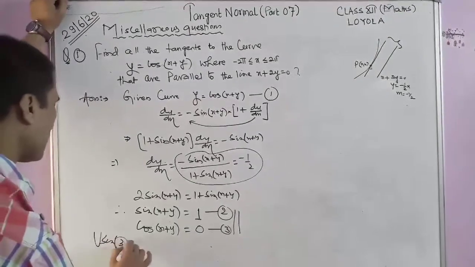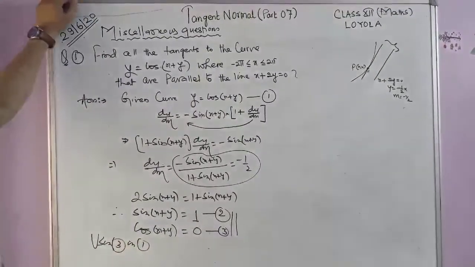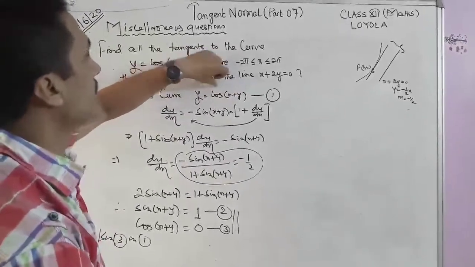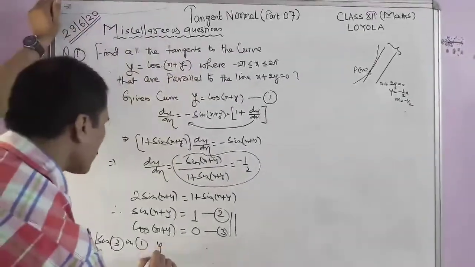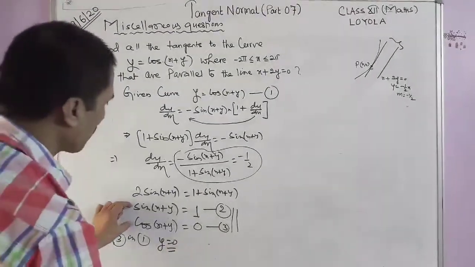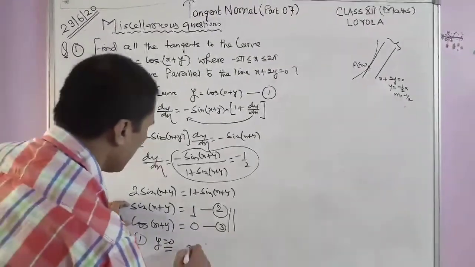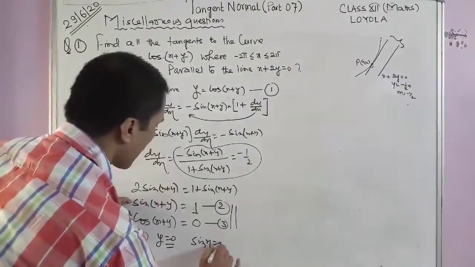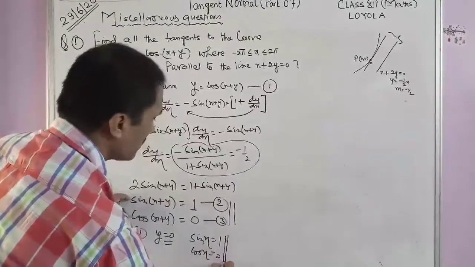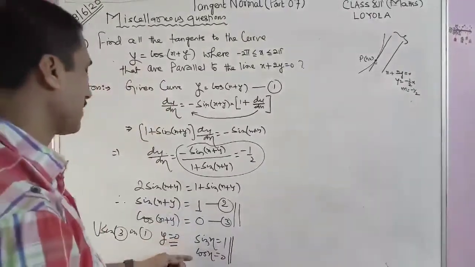Using 3 in 1, we put cos of (x plus y) as 0, so y will be 0. For this y equal to 0, the above equations 2 and 3 reduce to sin x equal to 1 and cos x equal to 0. These are the two simultaneous equations.